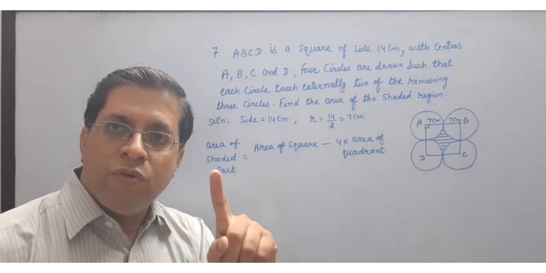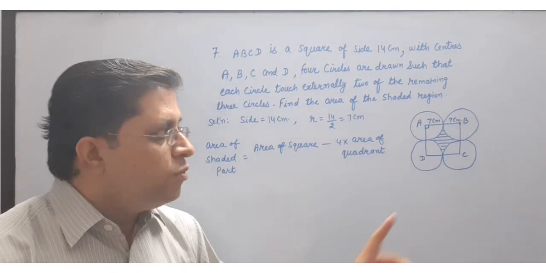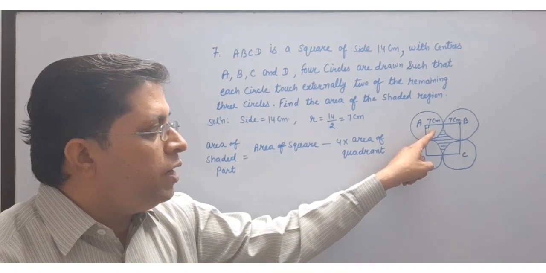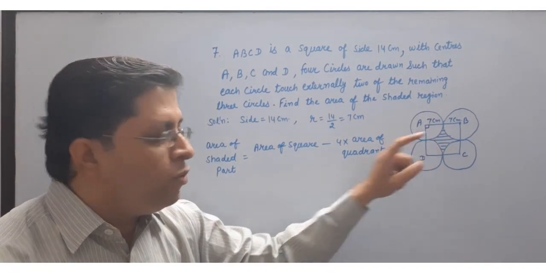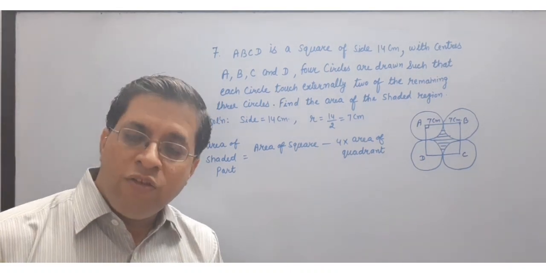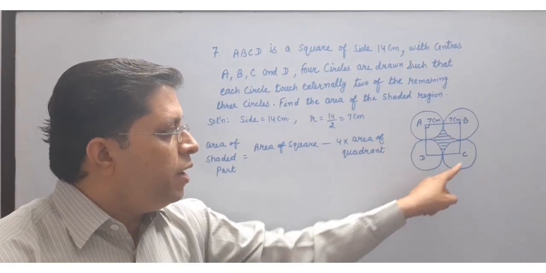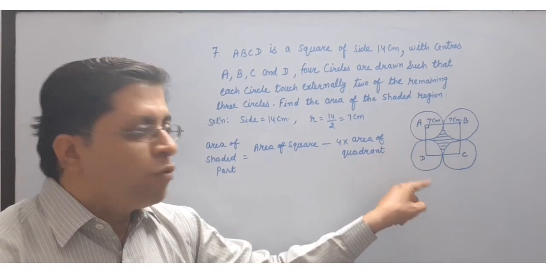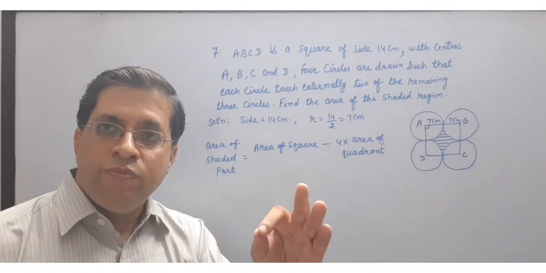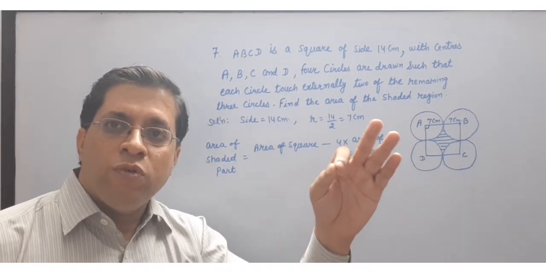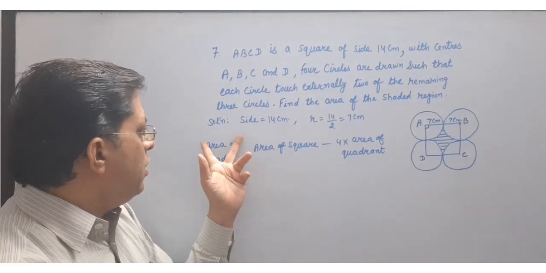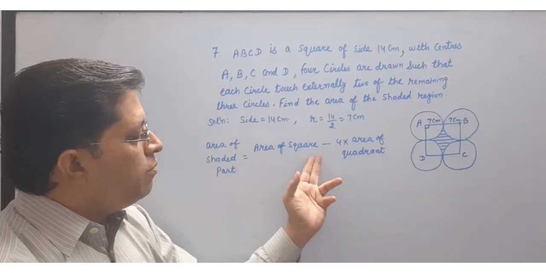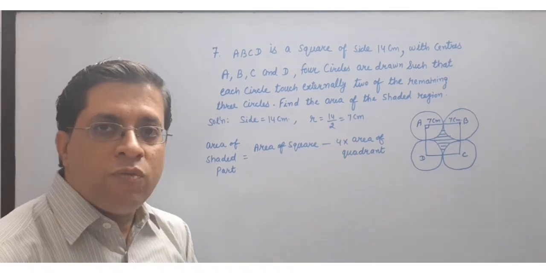Each angle of the square is 90 degrees, so this is called a quadrant, and there are 4 quadrants. If you subtract 4 quadrants from the area of the square, you will get the shaded region. So area of shaded region is equal to area of square minus 4 into area of quadrant.